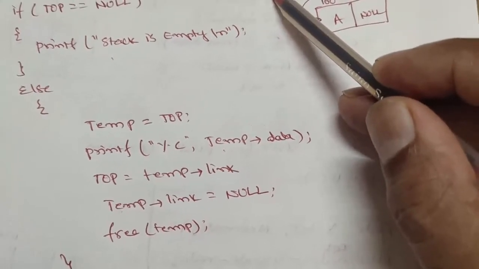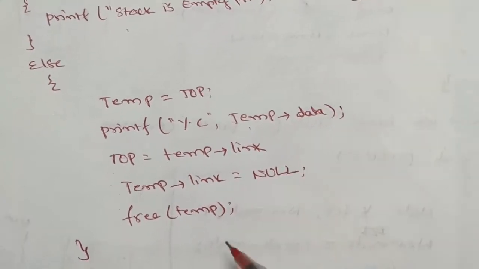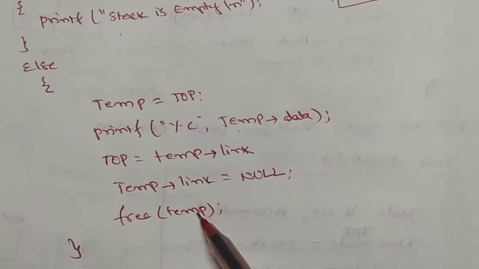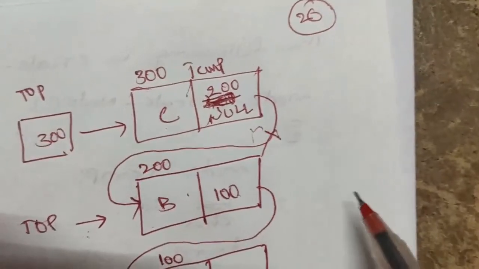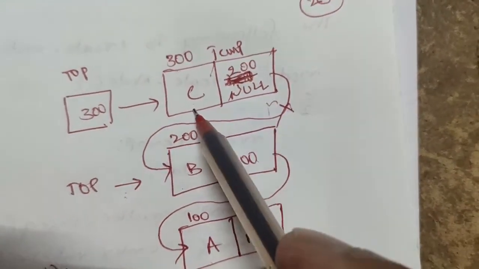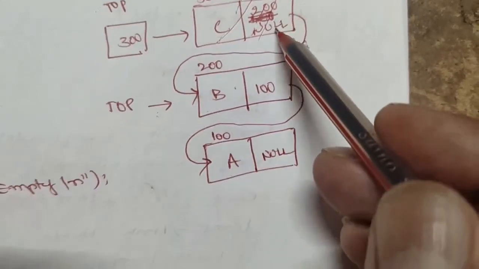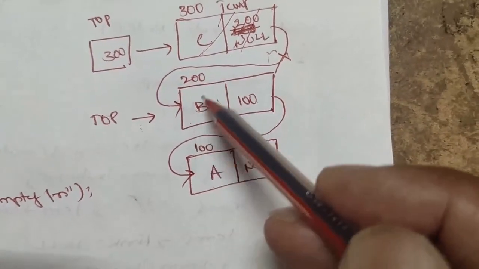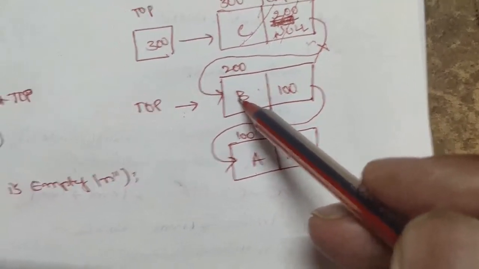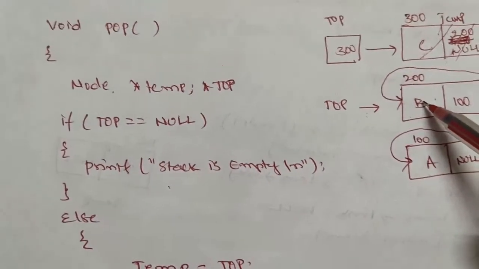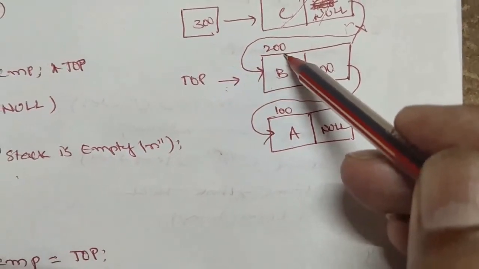So we remove the memory also, which is allocated for the top node. Hence we are using the function free. So after discarding this link, we completely remove the node from the memory. Now the top is pointing to the top element B, 200, and suppose we again remove one more element. Again we call the pop function. Top not equal to null, because the top is pointing to address 200.